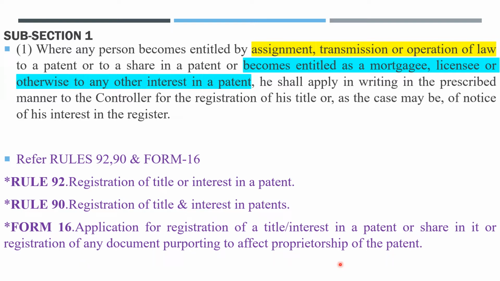Okay, so here friends, some terms need to be discussed actually. What are the terms? Just take a look. The new word here is mortgagee, and this word comes from the word mortgage. So we need to know what mortgage means.